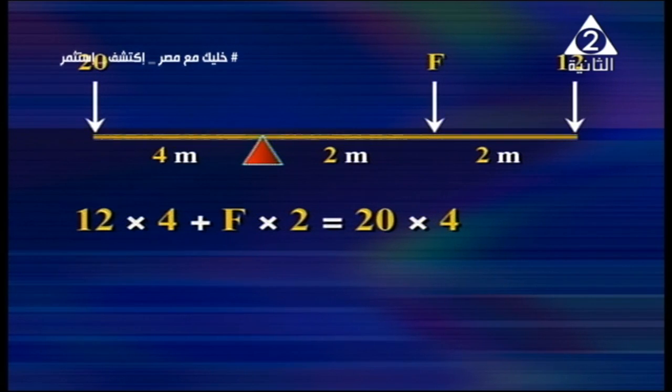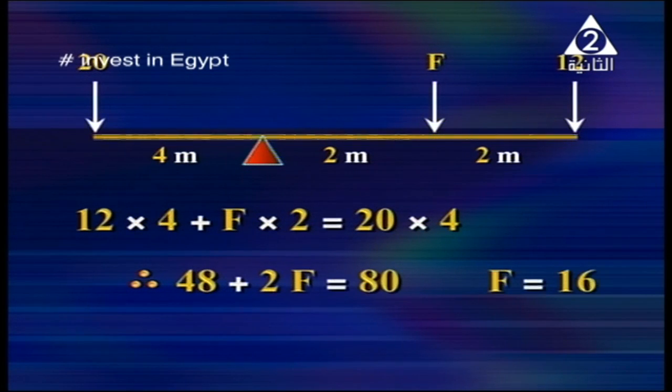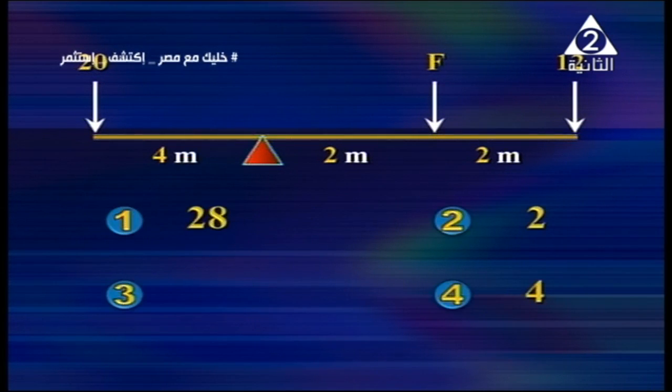My dear student, remember the 12 and the force F are clockwise, but the 20 is anti-clockwise. Then 12 times 4 plus 2F equals 20 times 4. By using the equation, the value of F equals what? 16 Newton.